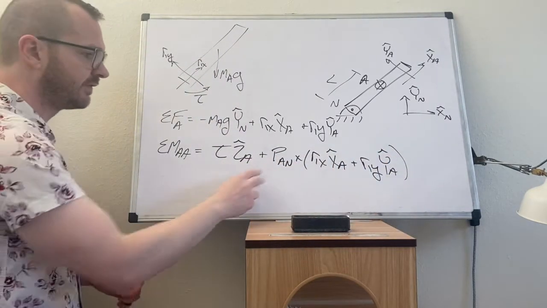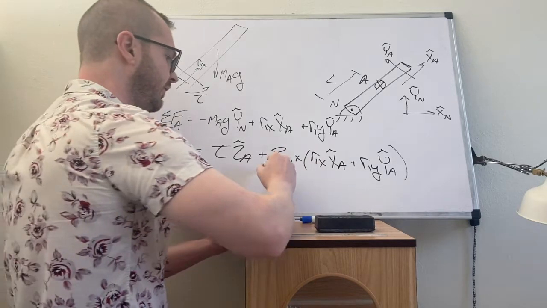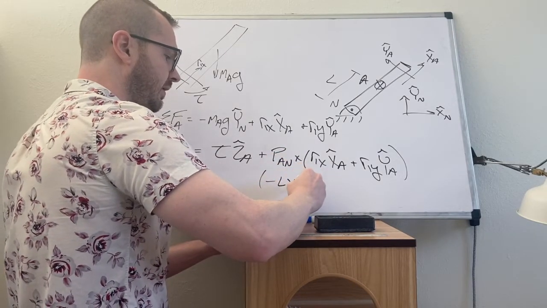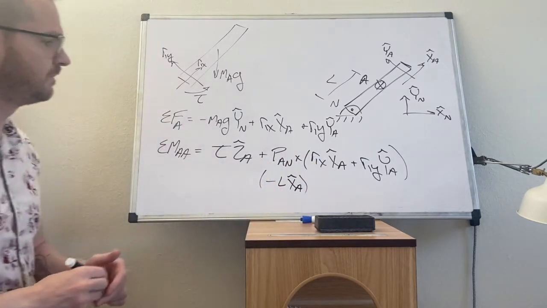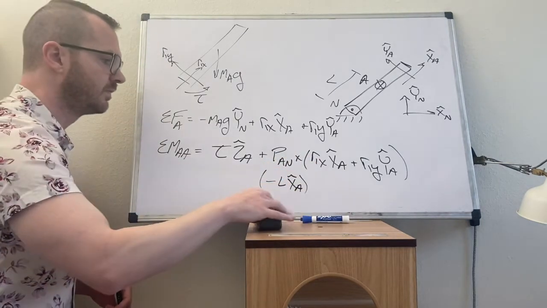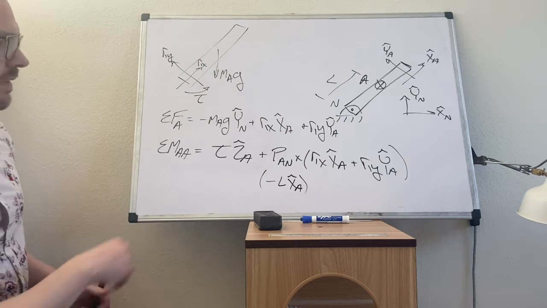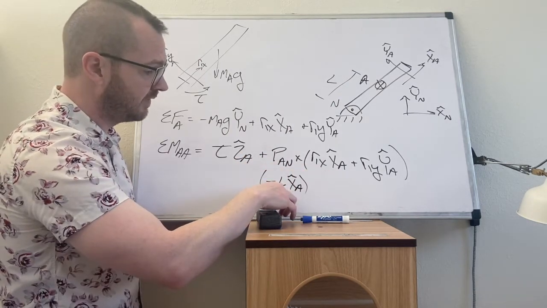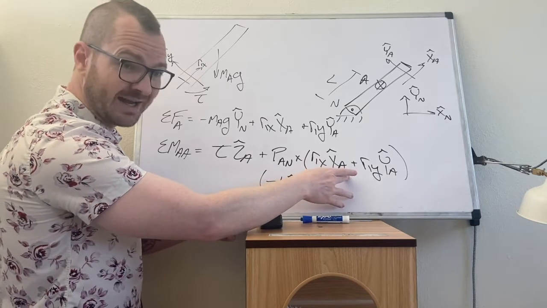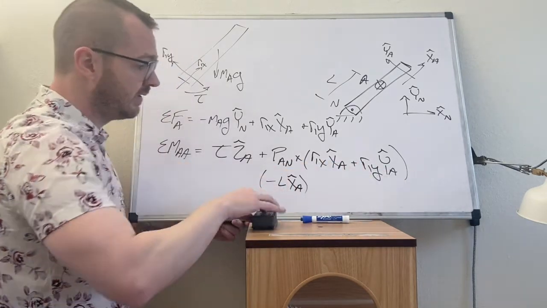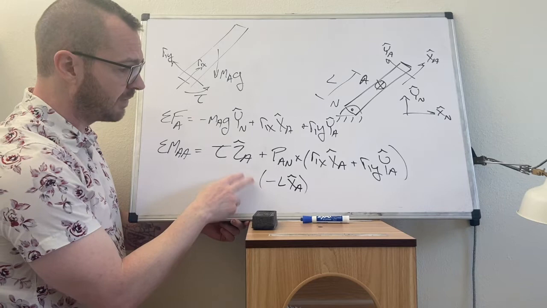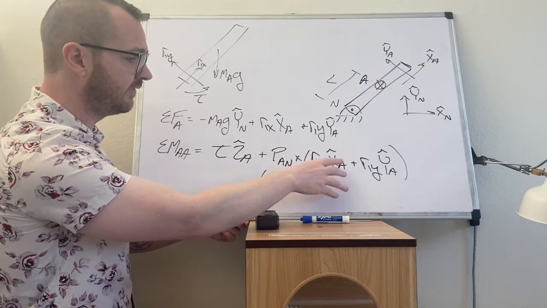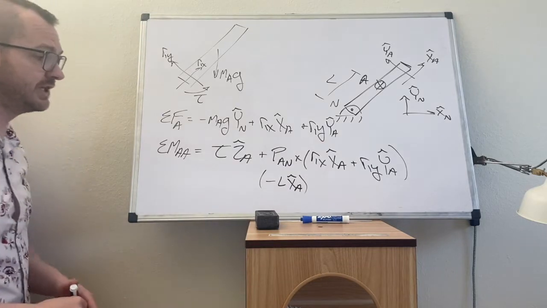This position vector from A to N is minus L X hat A. Now, because we did our reaction forces in the body frame, this is XA and this is XA. If this were XN and this were YN, this position vector would still be in the A frame and we'd have to do some conversion. Either this position vector or these forces would have to change frames.